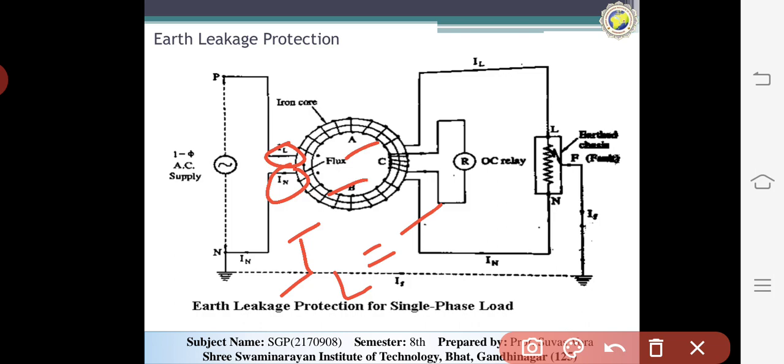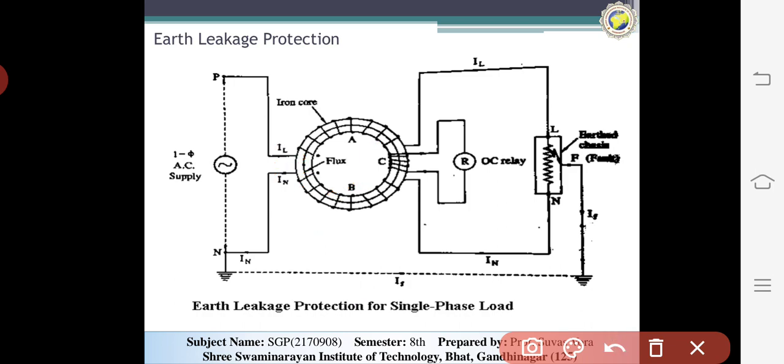The difference IL minus IN is called the residual current in the sensing coil. The MMF linking with the sensing coil is due to IF, and a voltage is induced in the coil. This energy operates the trip circuit breaker, disconnecting the supply from the service or devices.